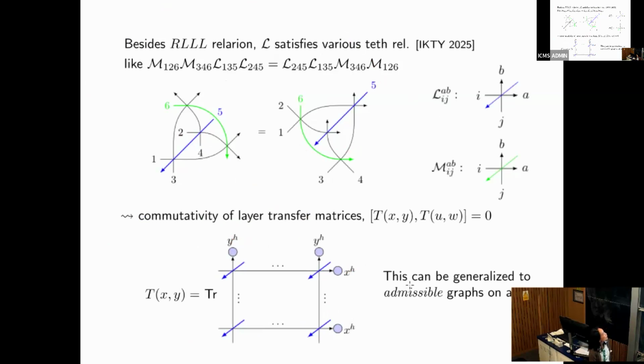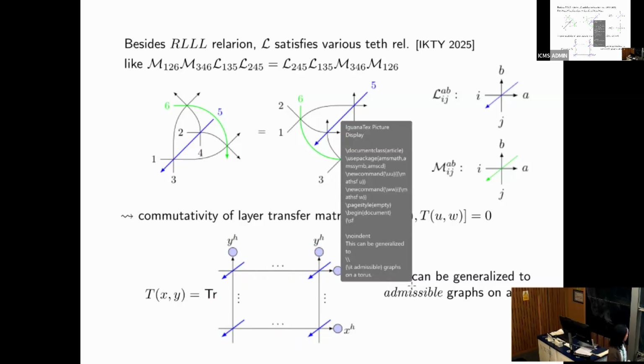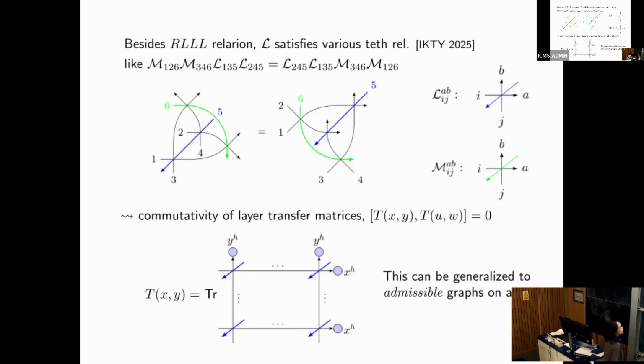Then we can show the commutativity of the layer transfer matrix, the trace of this big operator. To introduce spectral parameters x and y, we add some operators at the boundary of the fundamental domain of the torus. Then we get an integrable, commuting family of transfer matrices.